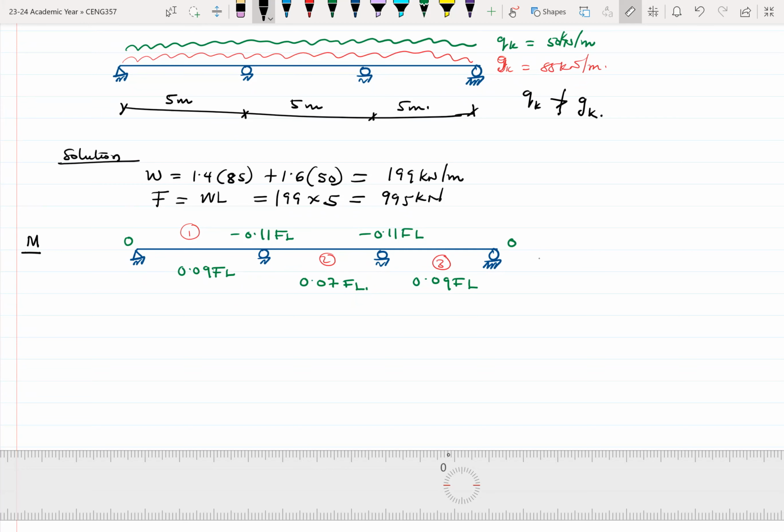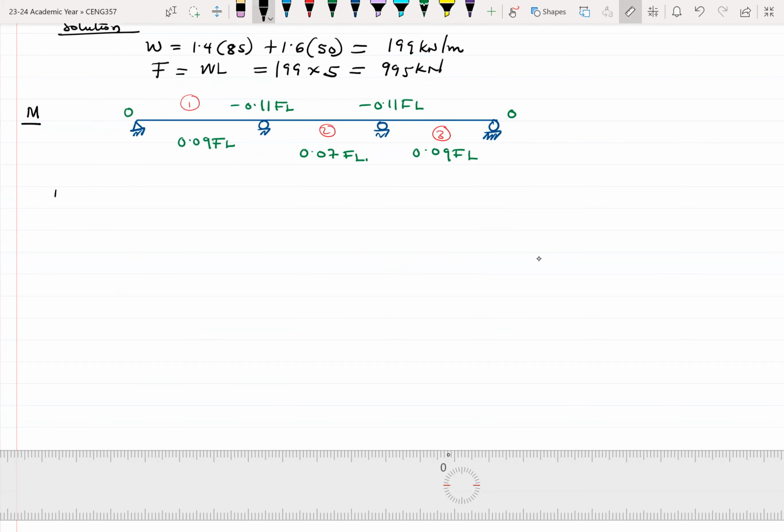Good. Okay. So let's look at design for bending moments. So one, we can see that the mid span of the first and third spans are the same, right?